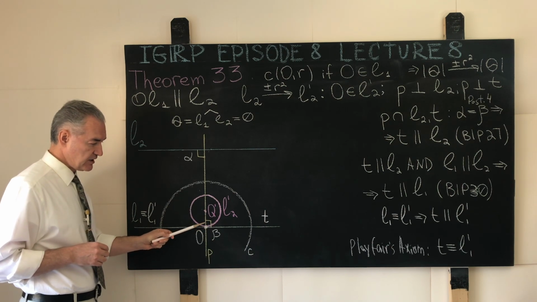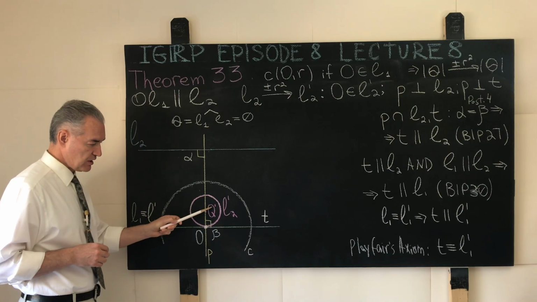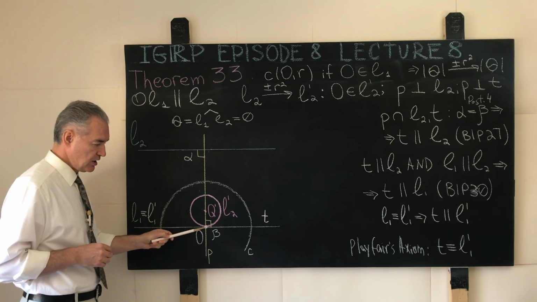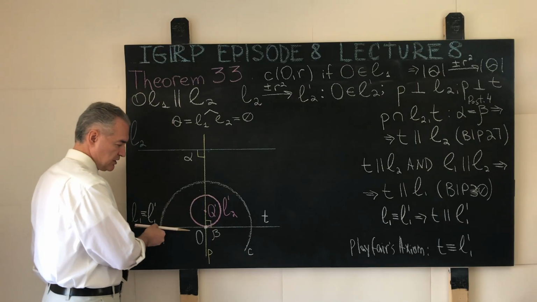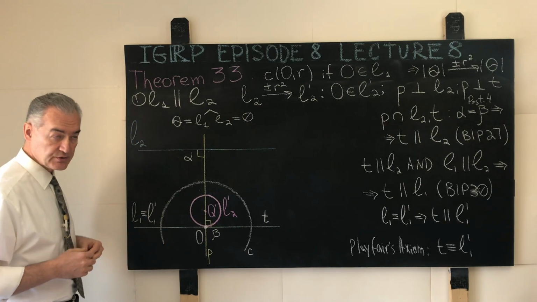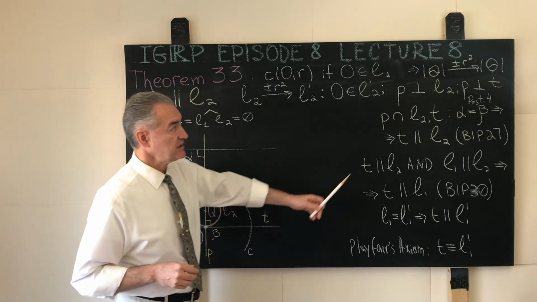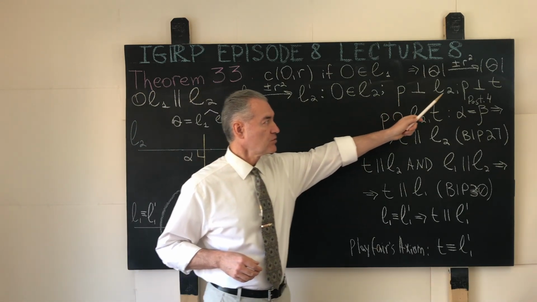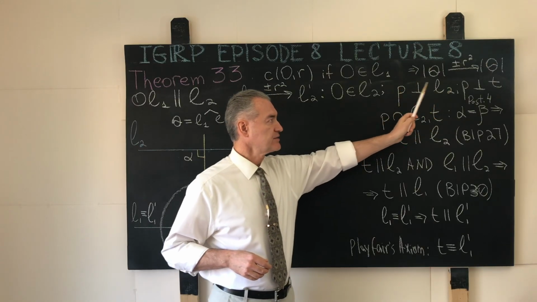But that radius, Q prime O, to which our tangent must be perpendicular, is contained precisely by our straight line of centers, lowercase p.